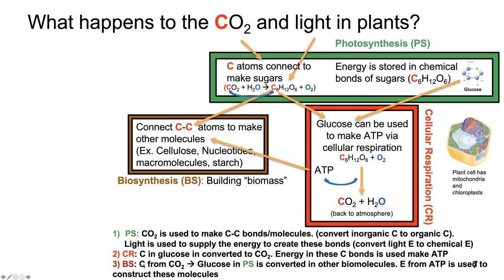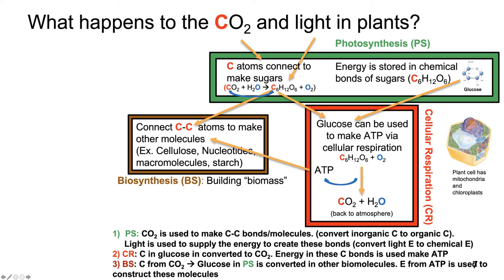So biosynthesis is basically taking carbon atoms from CO2, which are converted into glucose in photosynthesis, but then ultimately those carbon atoms and glucose molecules are converted into other biomolecules. This is a different use for the carbon in the reduced glucose and other sugar molecules produced by photosynthesis.